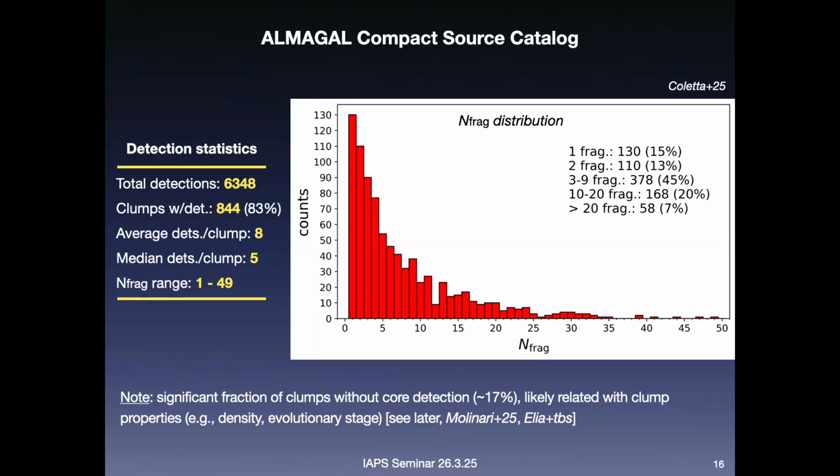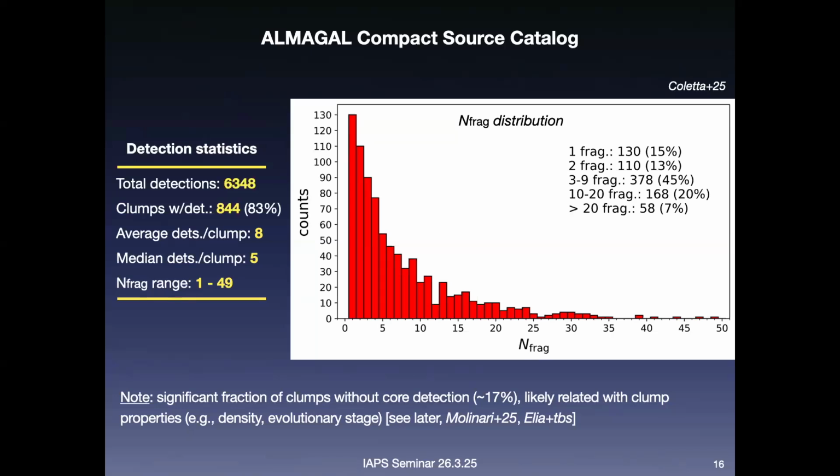And most importantly, as you can see in the histogram, we revealed very different degrees of fragmentation. Most of the clumps revealed one or a few fragments, but we also have a relevant fraction of more crowded regions, and also very crowded ones, up to 50 fragments revealed within one single clump.